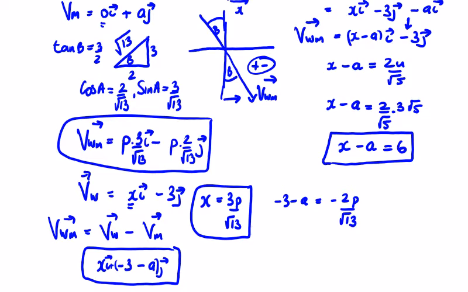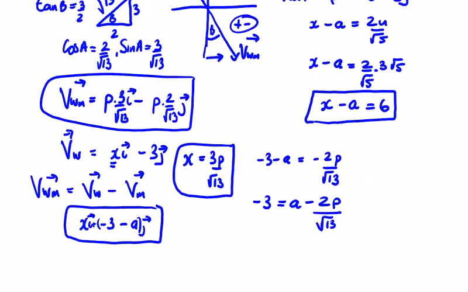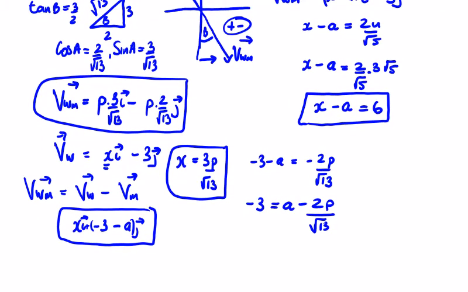So what's the quickest way to solve these? We also have x is equal to a minus a. x minus a is equal to 6. What about minus 3 is equal to a minus 2p/√13? And I have x is equal to 3p/√13. So p is equal to √13 x over 3.